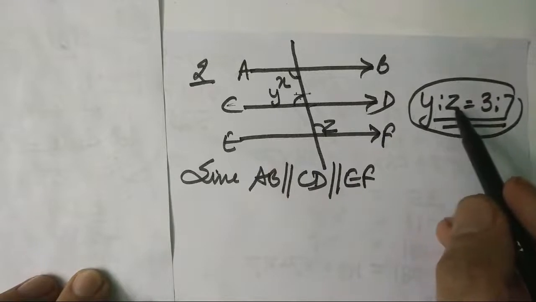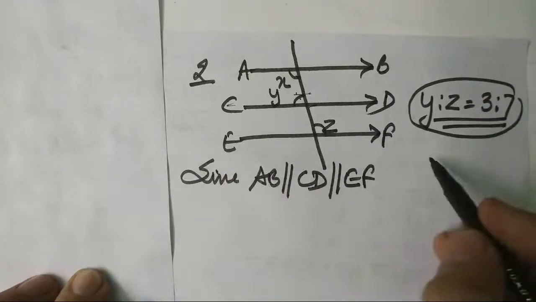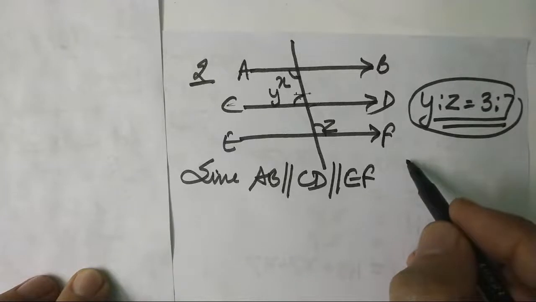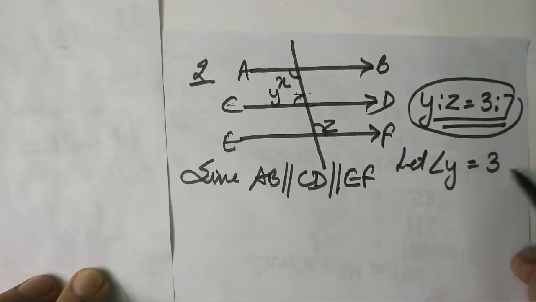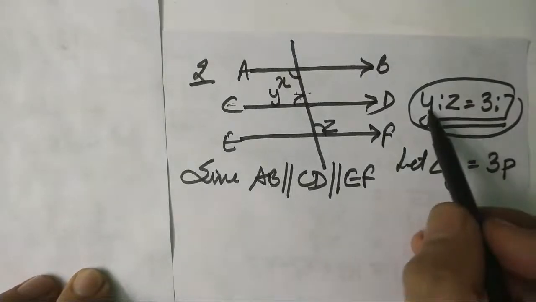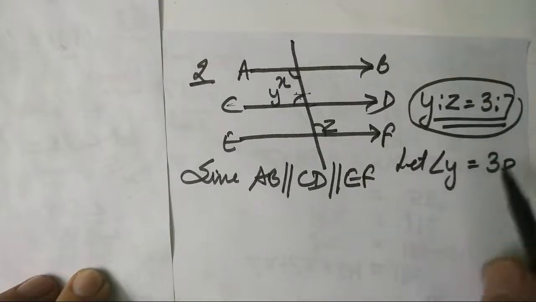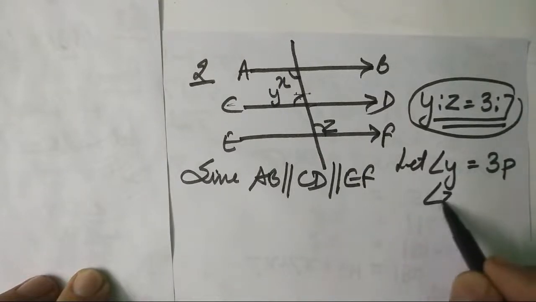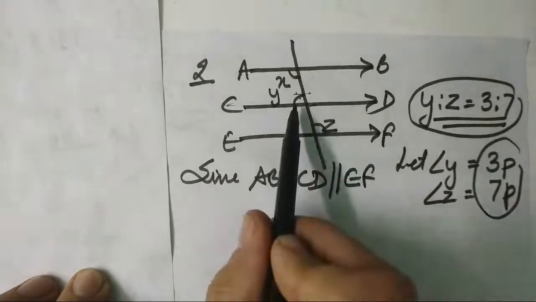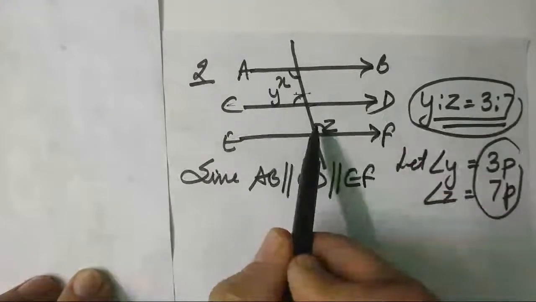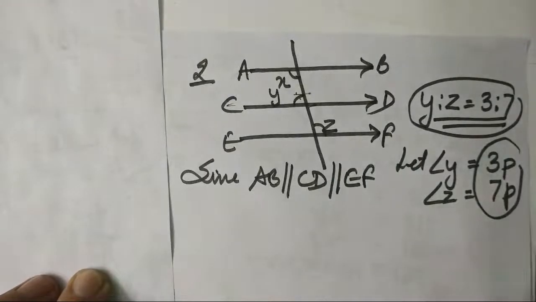Since angle Y and Z are in a ratio, we can write let angle Y be 3p. This is a ratio, so I will name the other 7p. So the two ratios are in another name now, and we will use these names here. That angle Y and angle Z are 3p and 7p.